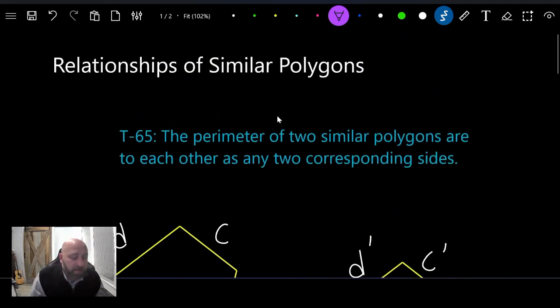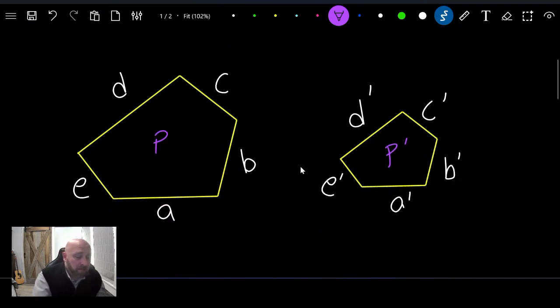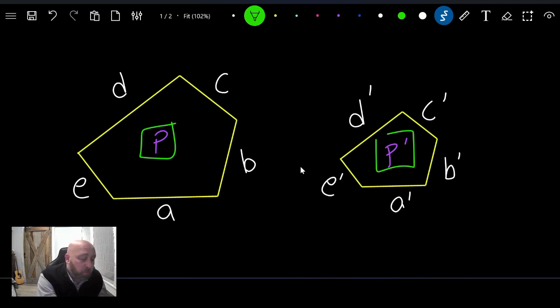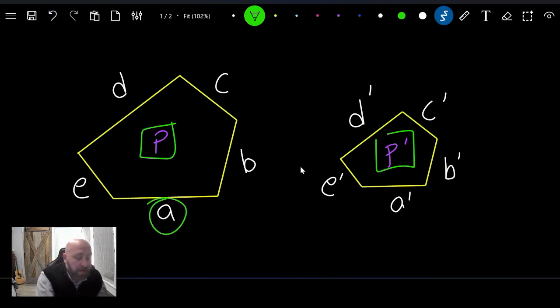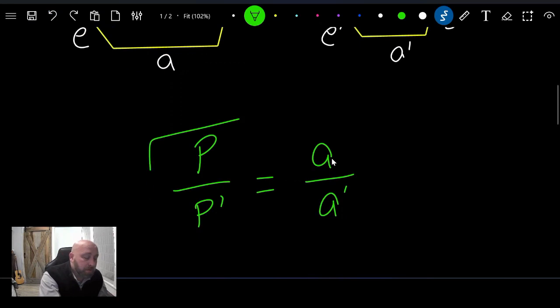What they're saying there is that the perimeter is proportional to any two corresponding sides. So this perimeter right here is proportional to, let's say, C and C prime. You could choose any one that you want, C and C prime, A and A prime, it doesn't matter which one you pick, because since these sides are proportional, and since the perimeters are proportional, you can put this ratio together right here.